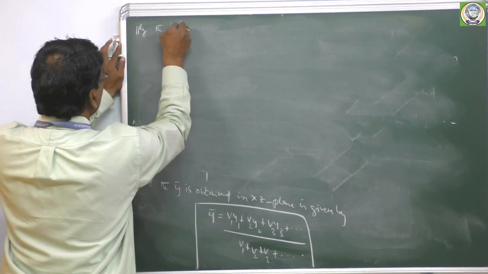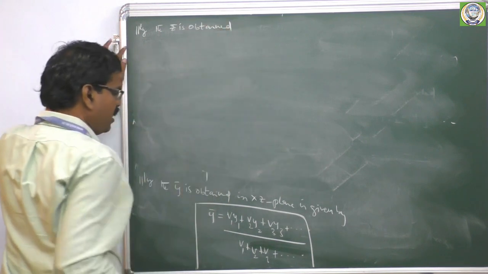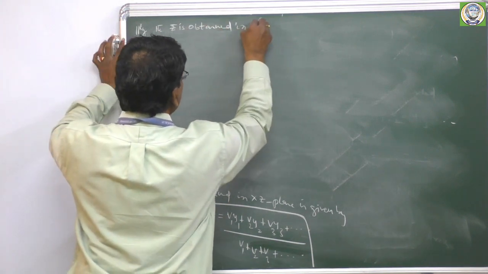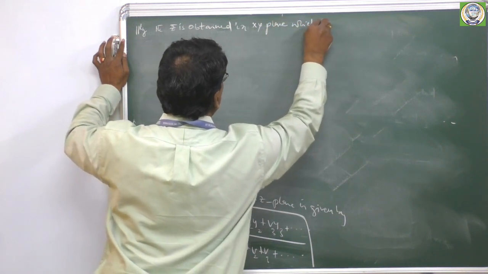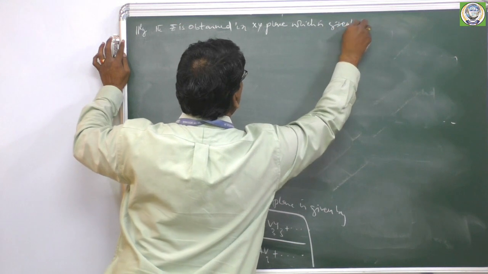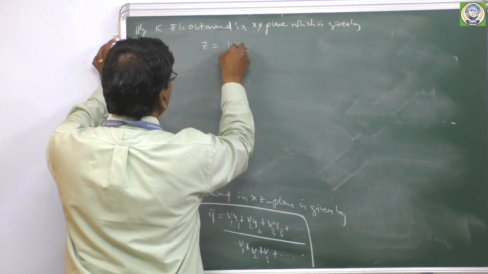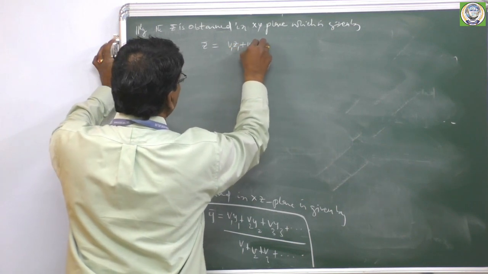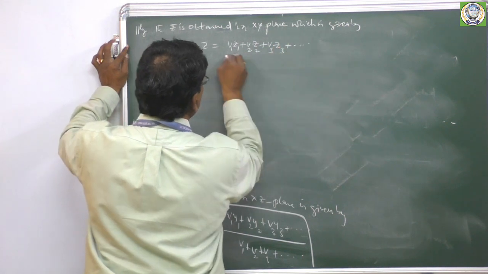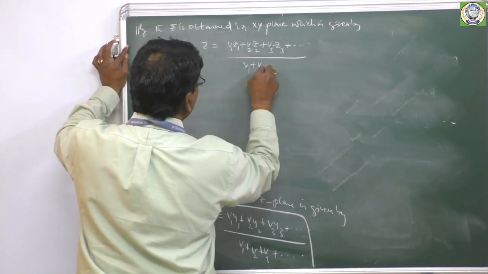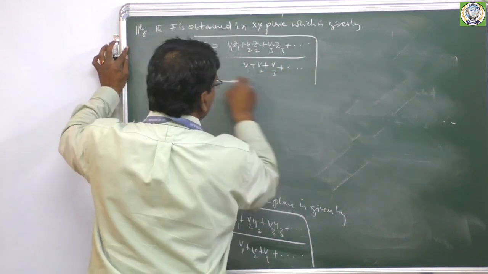The z bar is obtained in the xy plane, which is given by z bar is equal to V1 z1 plus V2 z2 plus V3 z3 plus so on, divided by V1 plus V2 plus V3 plus so on. This is the ultimate expression for z bar.